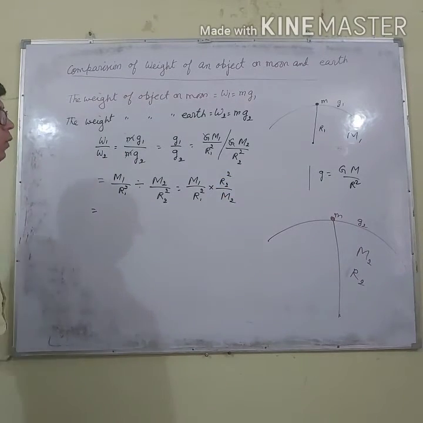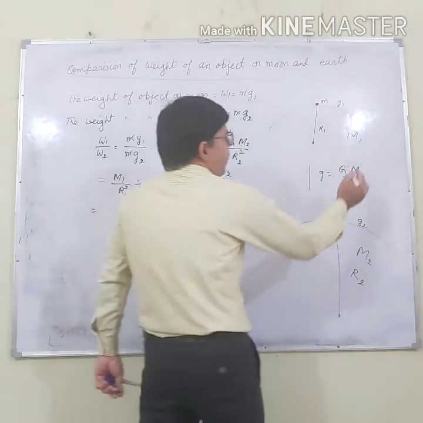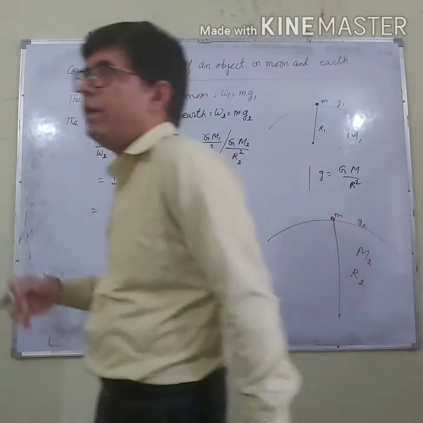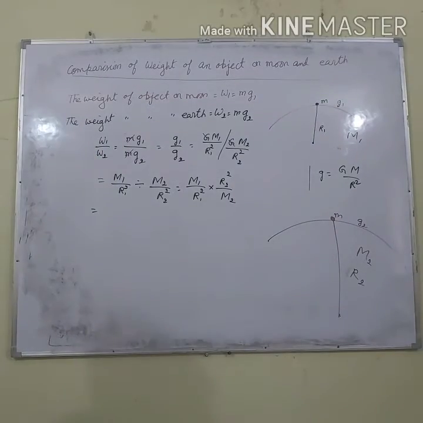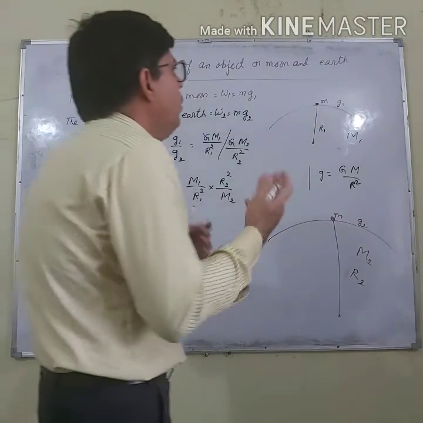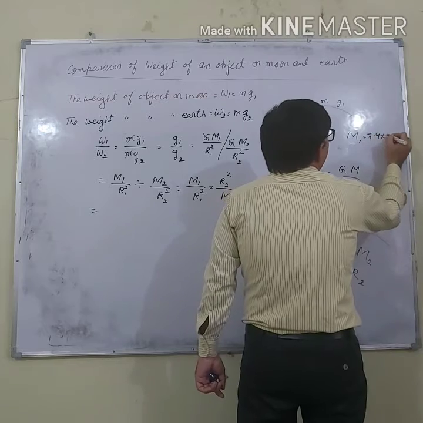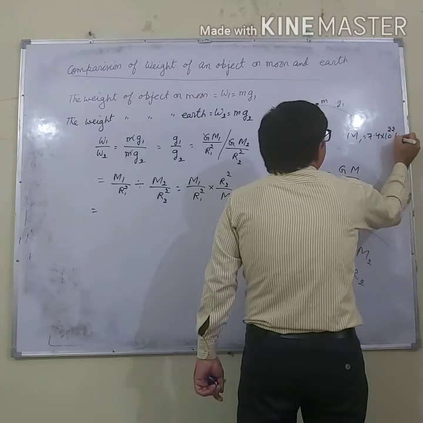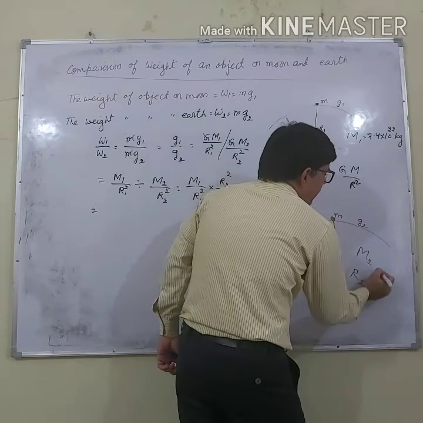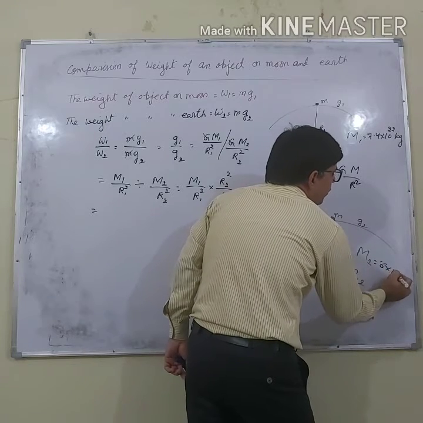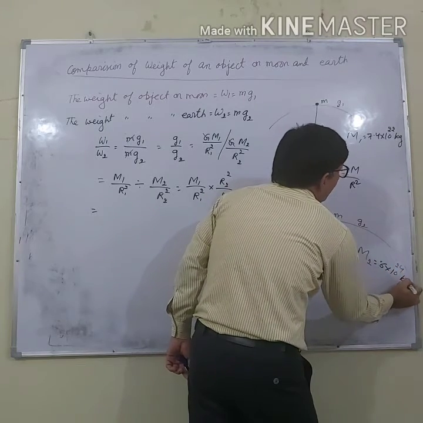Now, what is the mass of moon? You know that it is 7.4 into 10 to the power 22 kilogram. And what is the mass of earth? 6 into 10 to the power 24 kilogram.